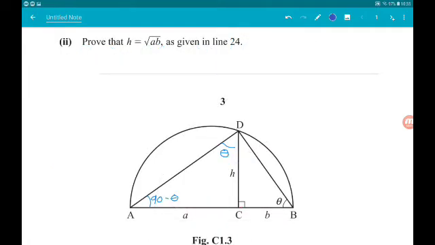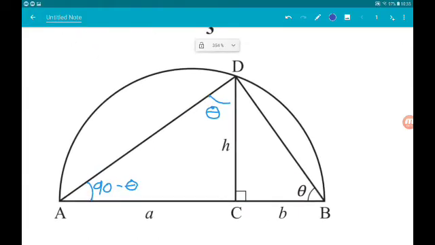Okay, then part 2 wants us to prove that h is root AB, as given in line 24. So this now comes down to SOHCAHTOA. We now have two angles that are the same, and for both of these angles we know the opposite and the adjacent.